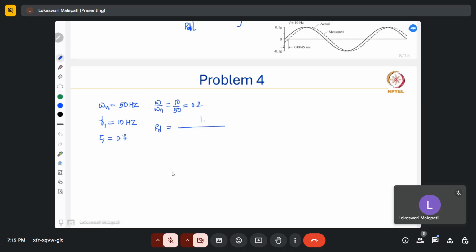RD is 1 by square root of (1 minus 0.2 squared) the whole square plus (2 multiplied by 0.7 multiplied by 0.2) the whole square.